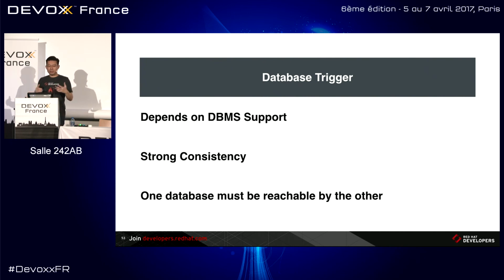And database triggers, which means basically code that you put inside your database, depends on DBMS support, because not all databases support triggers. It has a strong consistency because you're dealing inside the same transaction. One database must be reachable by the other, again, DB link. But I also don't like this approach because it means code, and it's only feasible if you have only one monolith and one microservice artifact, because you only have one endpoint to update.